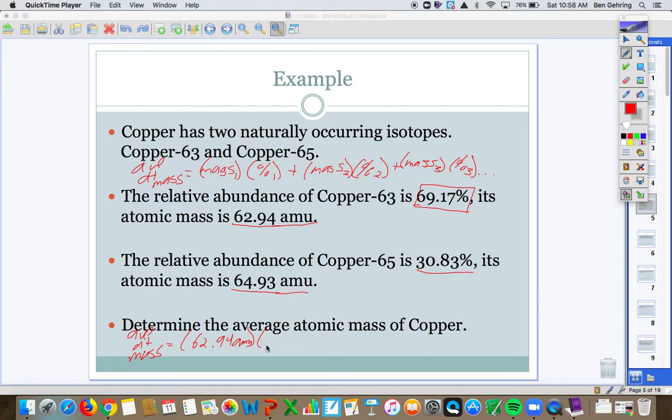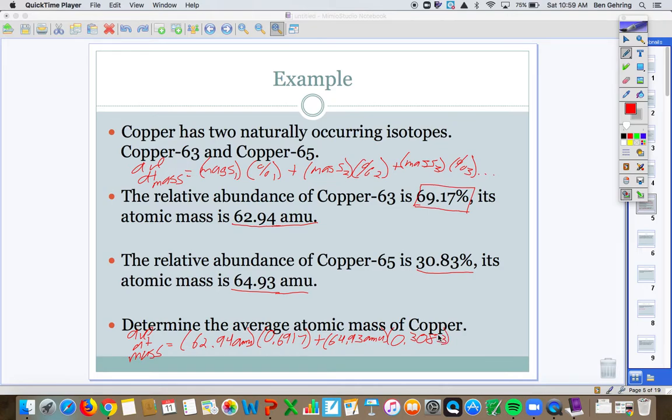So we get 0.6917, plus mass 2, which we said was 64.93, times 30.83%, so 0.3083.